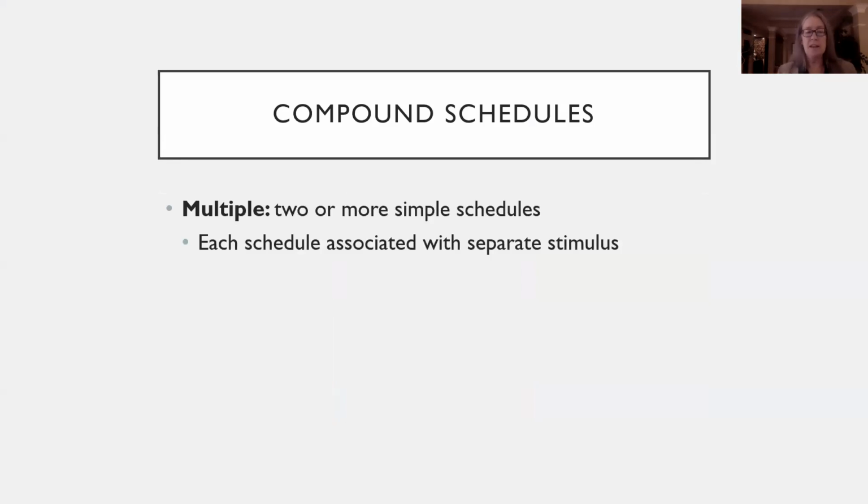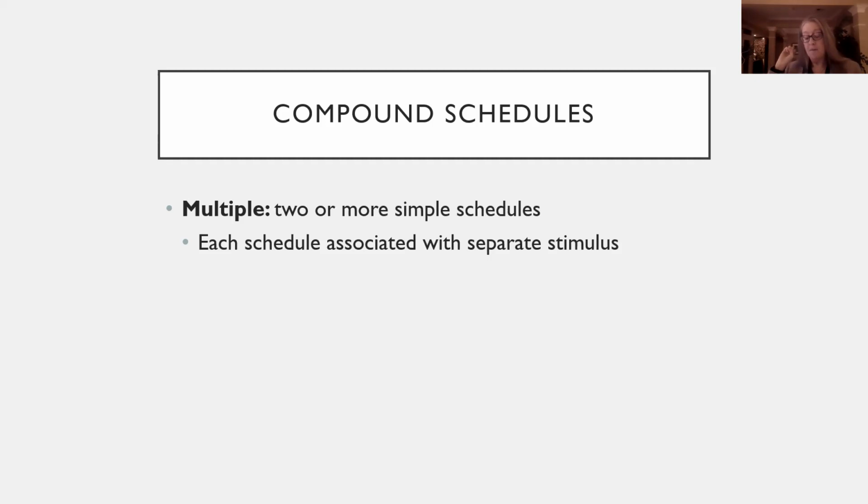So the first one is the multiple compound schedule. With this, you're going to take 2 or more simple schedules, and you can go back and forth between them, but there'll be some signal that lets the organism know that things are changing. So in the Skinner box with the pigeons, it might be that when a red light goes on, you're using a FR5 schedule.